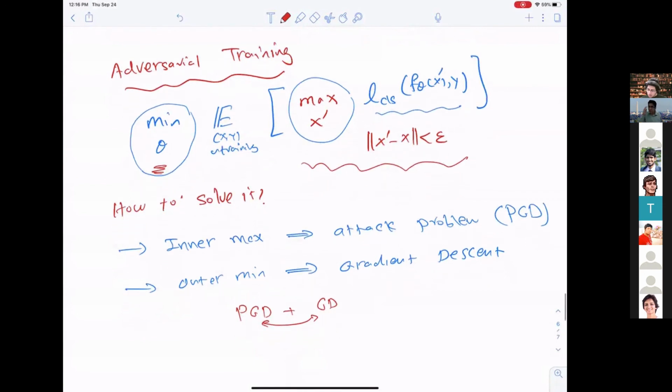But there are a lot of other heuristic methods to defend the model. In the next lecture I'm going to talk about some false hopes of security that we sometimes get by using heuristic defenses.